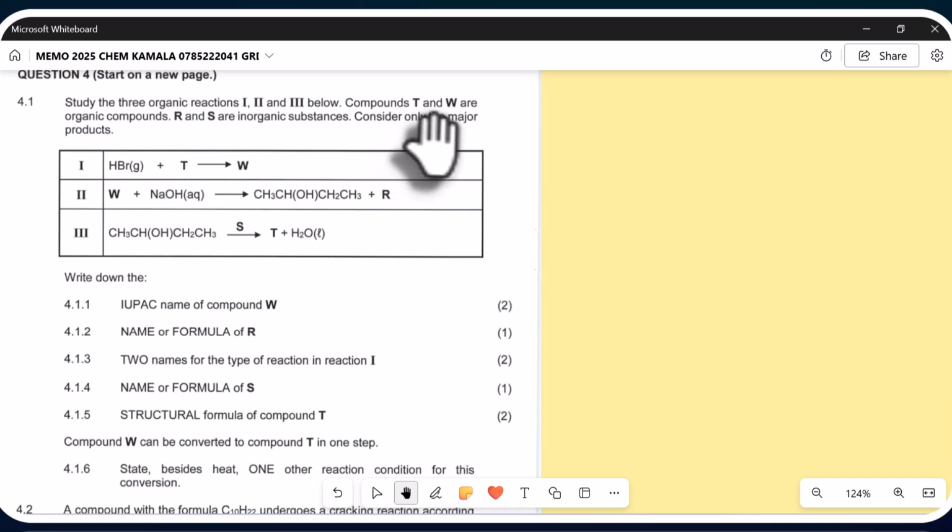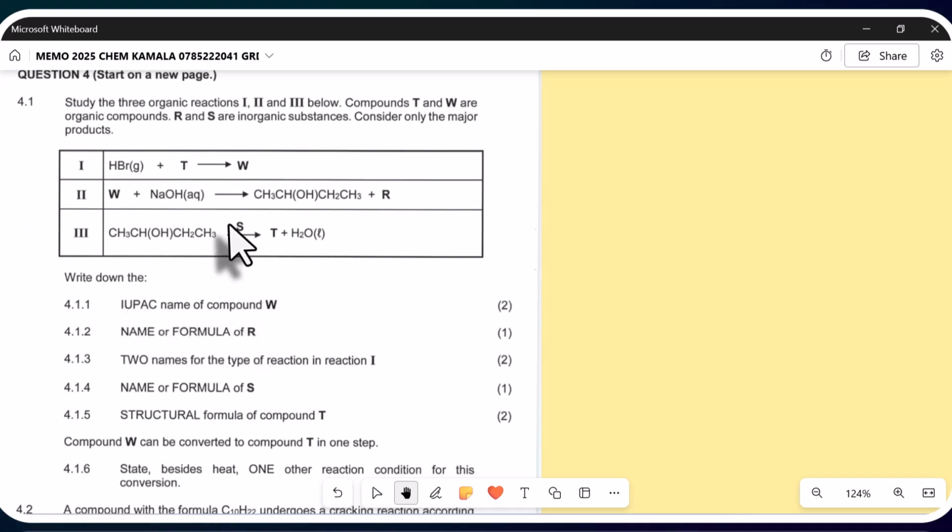And because of the bromo here, compound W must contain a bromo, alright? And so compound T must have been an alkene, which adds HBr to give us an alkane containing a bromo. For that matter, our W must be an alkyl halide with a bromo.